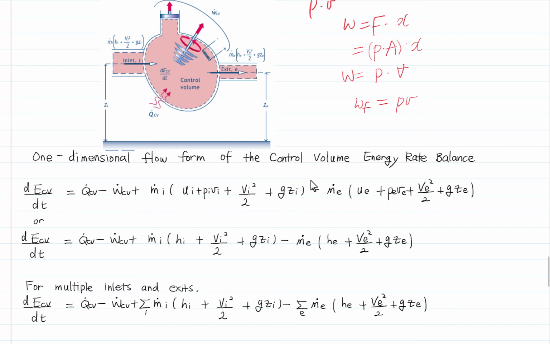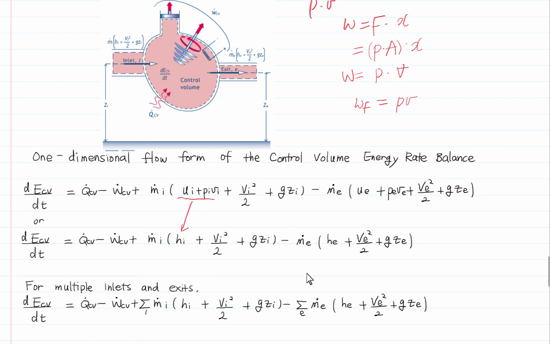This is the energy of a flowing fluid of mass m. For convenience, we combine the internal energy and flow work, and it is called enthalpy. So enthalpy is the sum of internal energy and flow work.